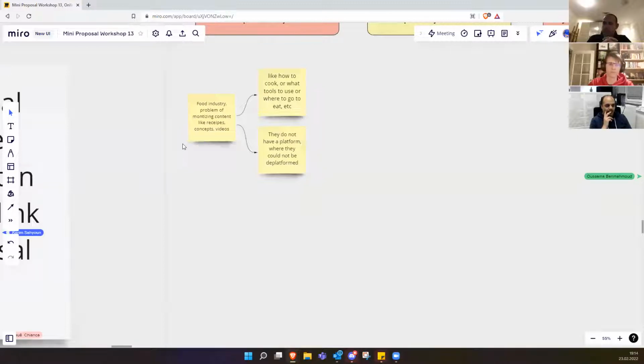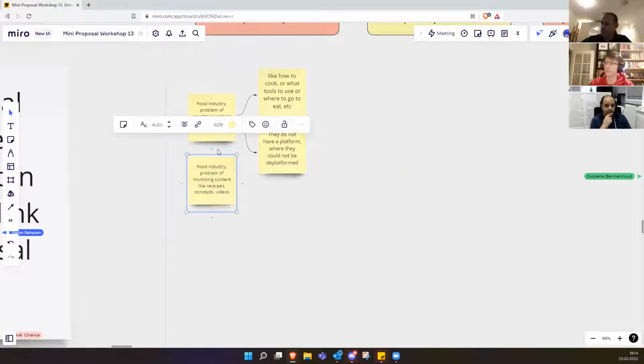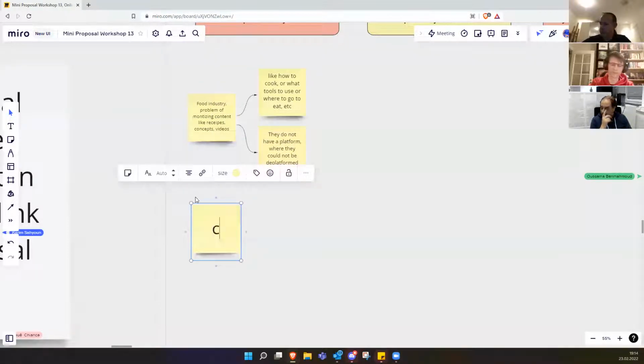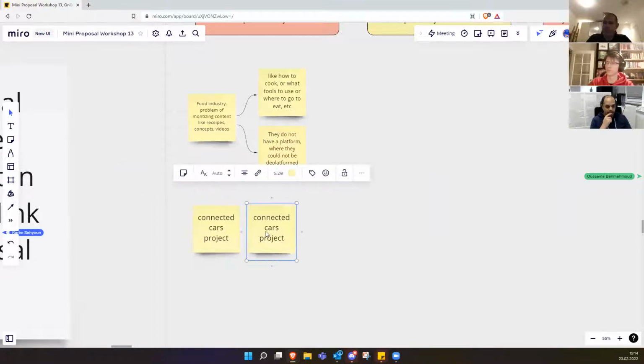So there are a lot of problems. One of them I can see is about the connected cars project. The problem is all cars actually are connected with centralized servers, and I can say there is no practical solution.